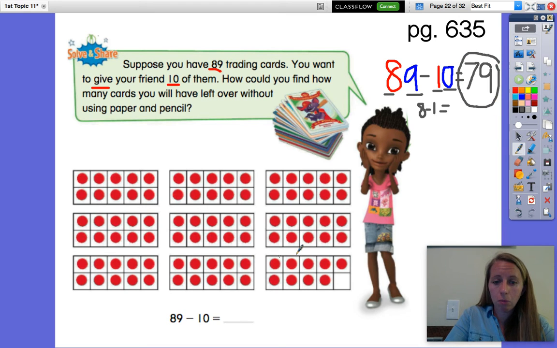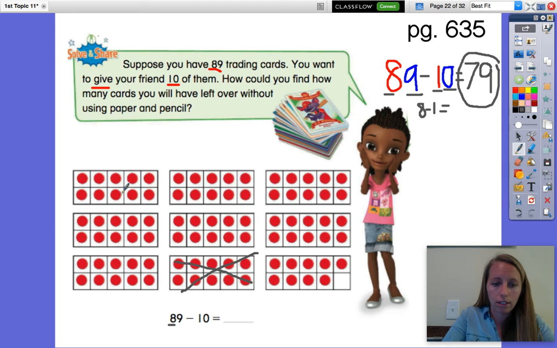Now let's use this picture to see if we are correct. We have 1, 2, 3, 4, 5, 6, 7, 8 tens frames, right? Because we're starting with 89. So 8 full tens frames, and then we have a tens frame with just 9 in it. So 89. If we take away 10 of them, I'm going to cross out a full tens frame. How many are we left with?